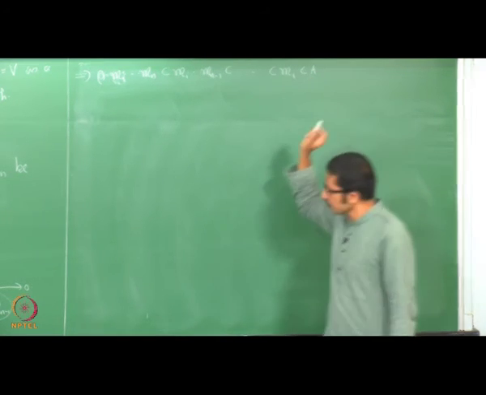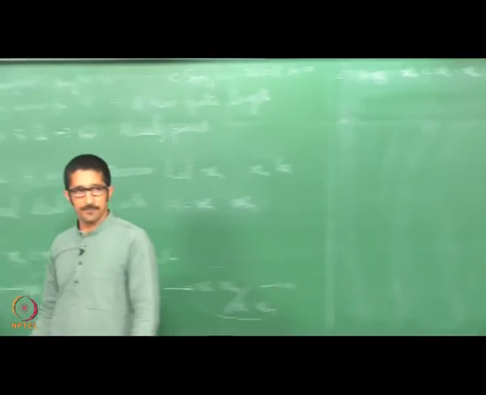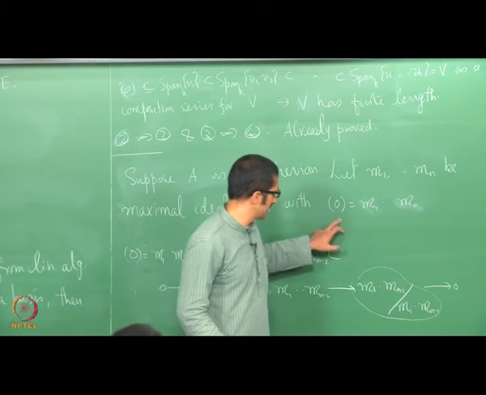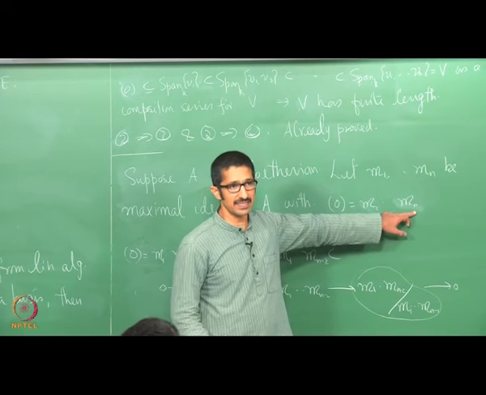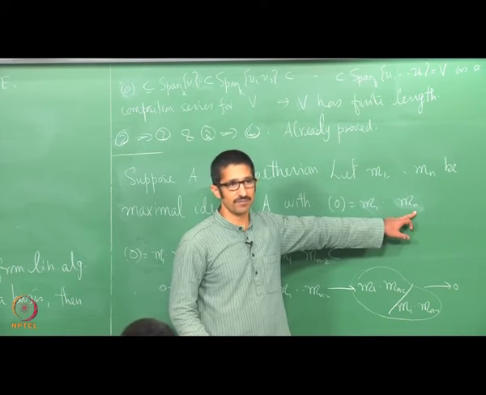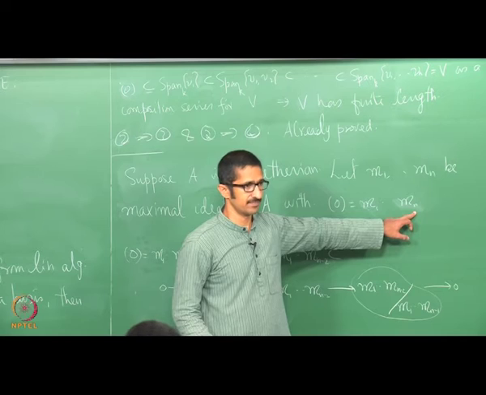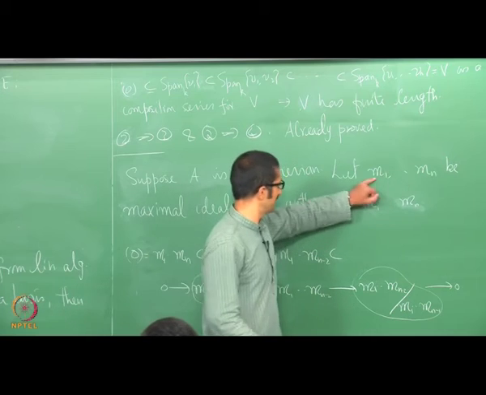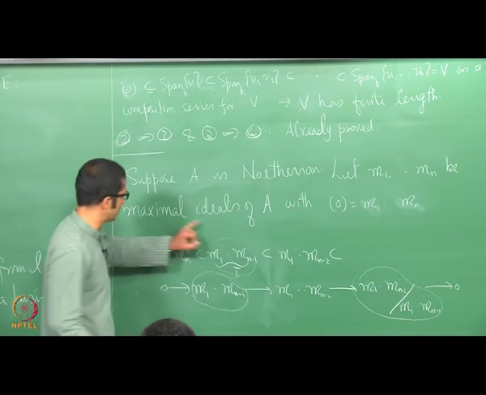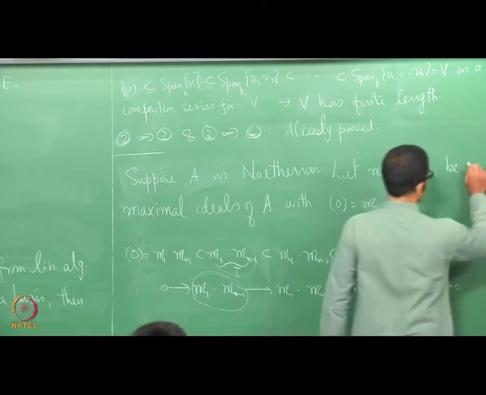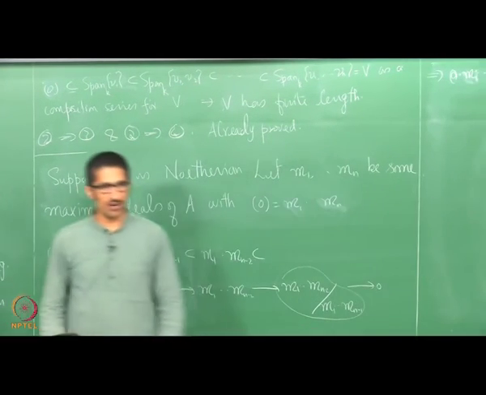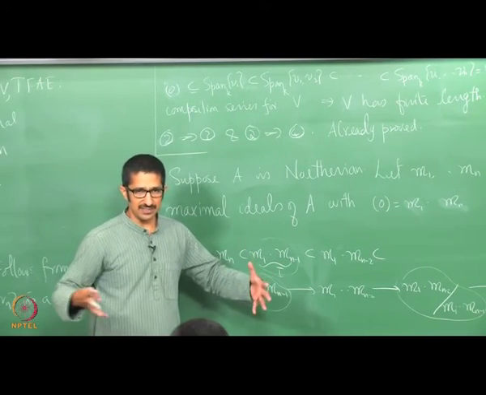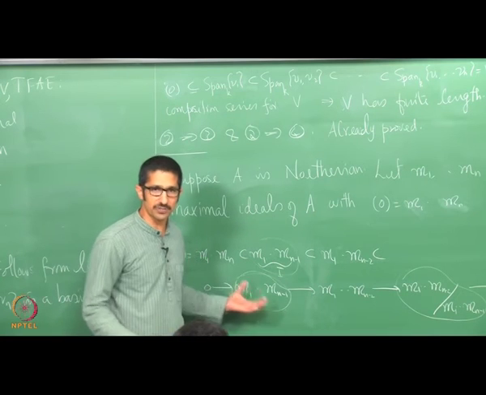Okay. So, if A is Noetherian and M1 up to Mn are maximal ideals with their product being 0, then length of A is finite. Product of all maximal ideals or some maximal ideals? I mean some maximal ideals, they let this be some maximal ideals, need not be all maximal ideals. There should be maximal ideals whose product should be 0.